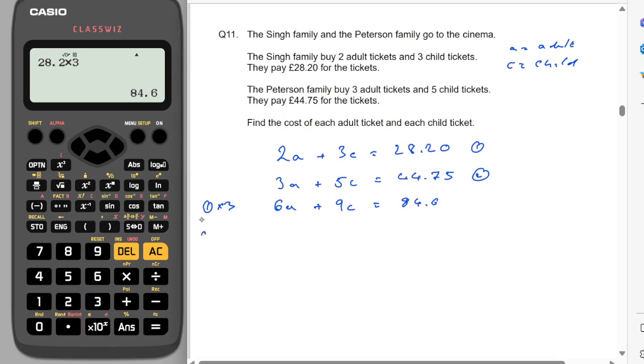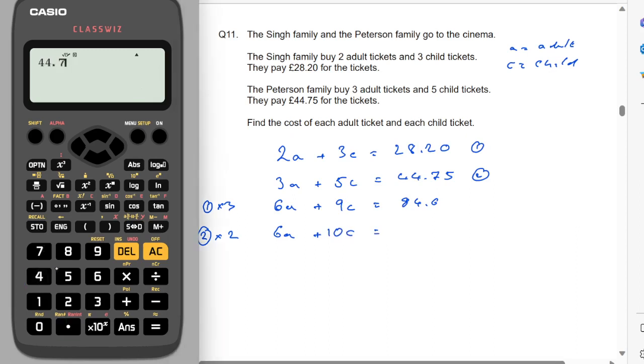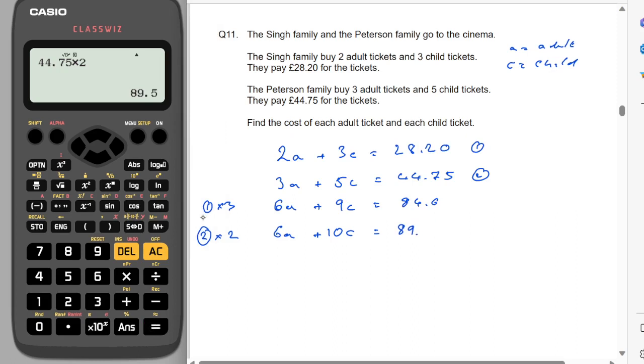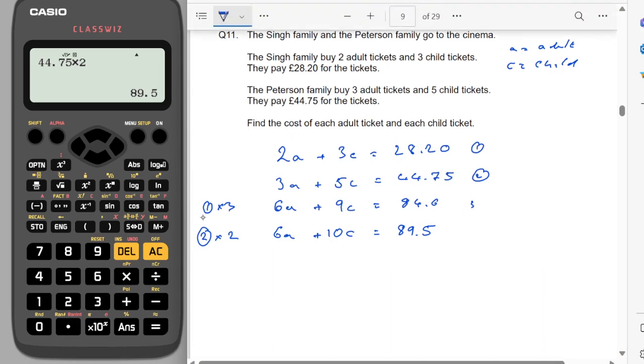And then for the Peterson family, I'm going to times their equation by 2 to get 6A plus 10C is going to be equal to 44.75 times by 2, £89.50. So I'll call that equation 3 and that equation 4.